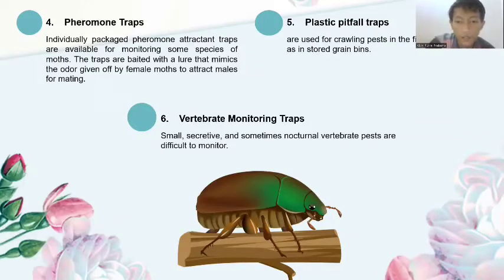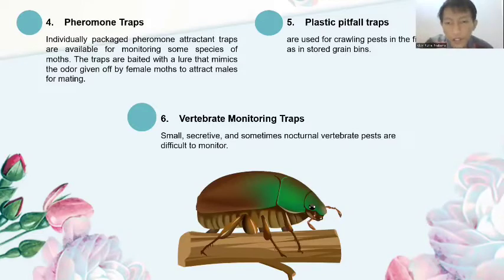For example, yellow sticky traps attract edible whiteflies, flower thrips, fungus gnats, and leaf miners, and the other color, blue traps, are also available for flower thrips.